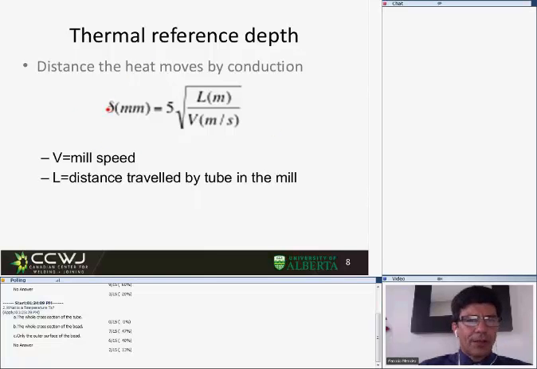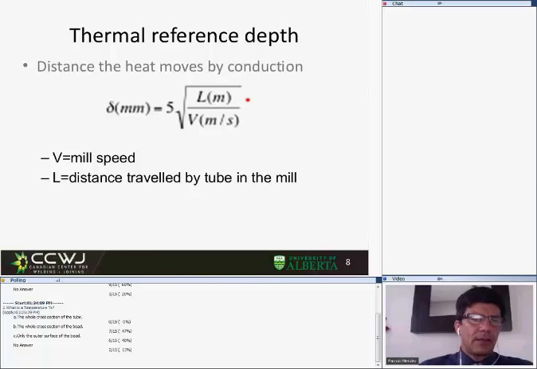Let's not worry about Greek letters, whatever we call it. It's the distance that the heat moves by conduction. And it has a very simple formula that comes from very fundamental principles, which I have skipped, but I would love to get into more detail. This very simple formula says that the longer the distance into the mill, right? Distance correlates with time.